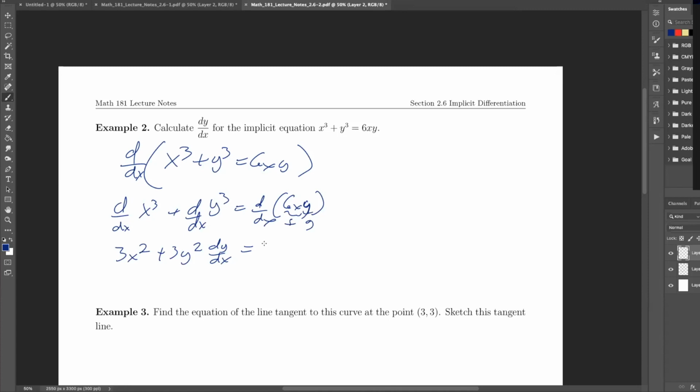So here, if I hold f constant, I'll have 6x, and then I'm going to take my derivative of y, which is y prime, plus if I take the derivative of this, which is just 6, times y, which we won't take its derivative, which is just y. So this is done by product rule.